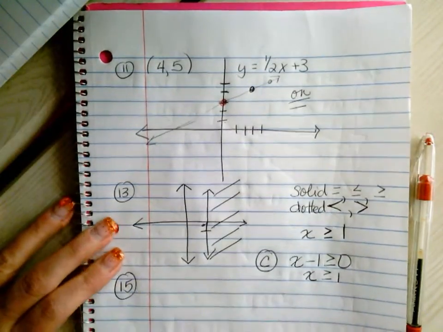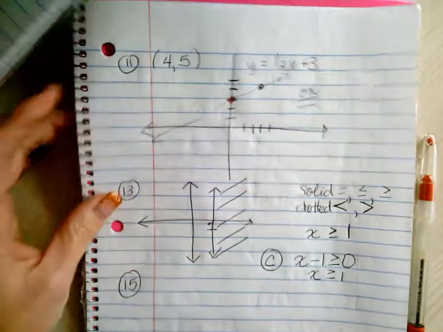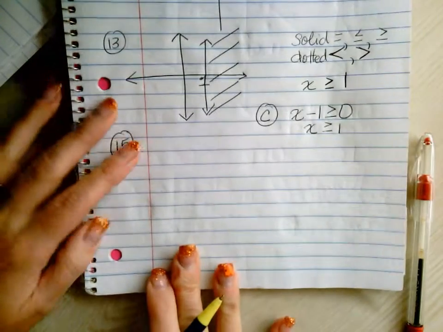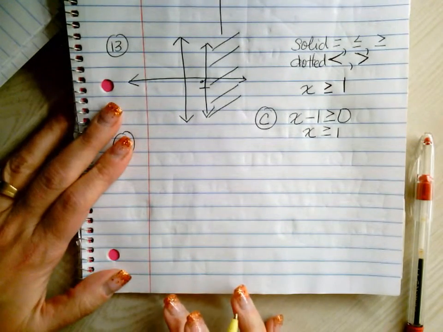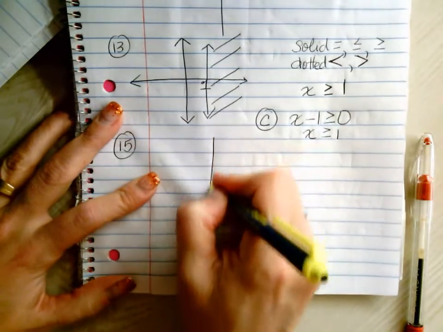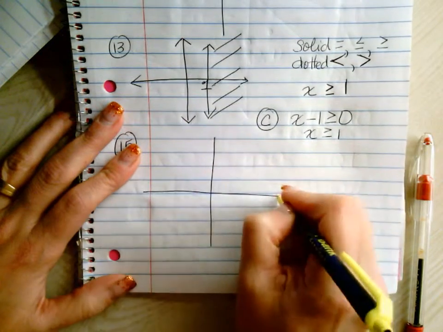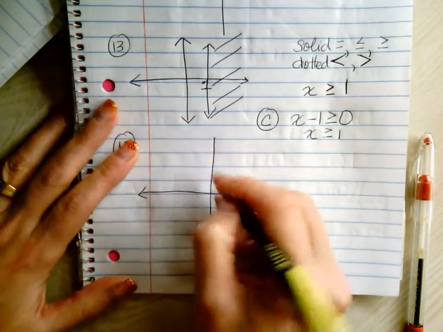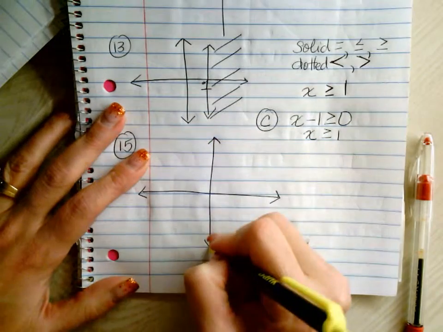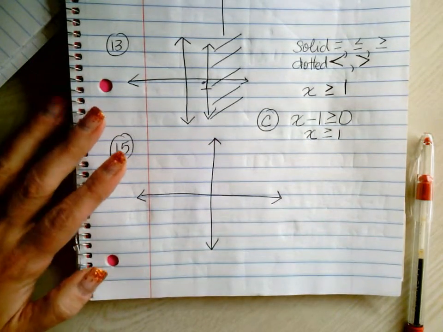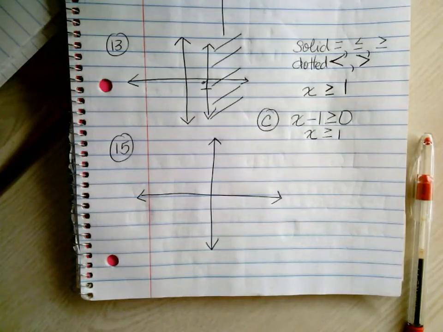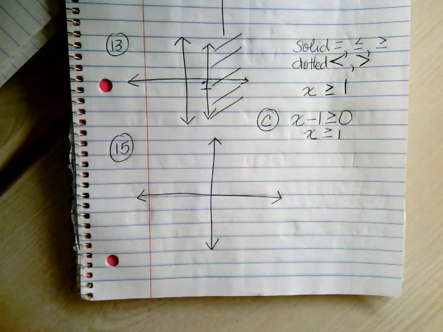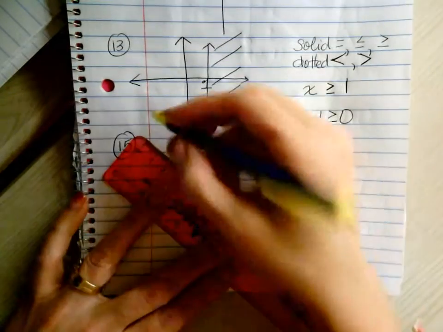15. Last one on this group. I've got an x and a y axis, and it looks like my y-intercept is 0. I'm going to grab my ruler. So I'm going to draw it.